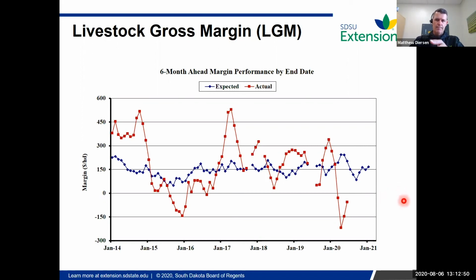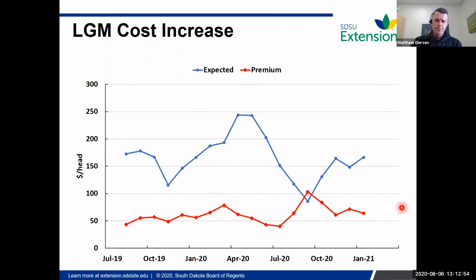Here's the final bit of this take-home message. As those expected margins had been pretty good, as they fell, and this would have been the expected margin during April of this year for cattle to be delivered in September of this year, that margin got down to $80. So that's the same expected margin shown on the chart before.